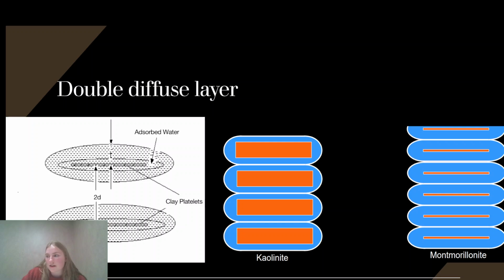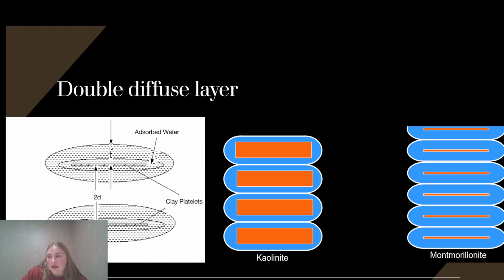So the different surface area and the double diffuse layer of water contribute a lot to the engineering properties of the clay. A larger surface area to volume ratio, such as the montmorillonite, allows the type of clay to absorb a lot more water than a clay with a smaller surface area to volume ratio like the kaolinite.